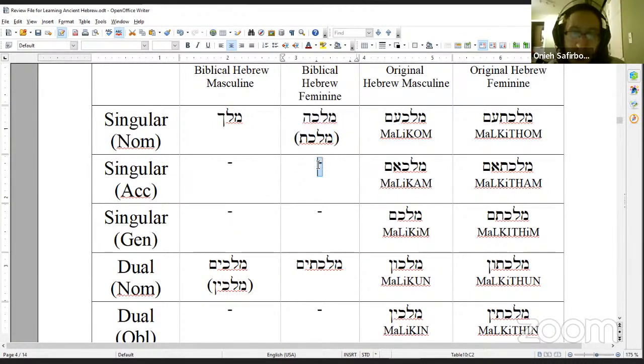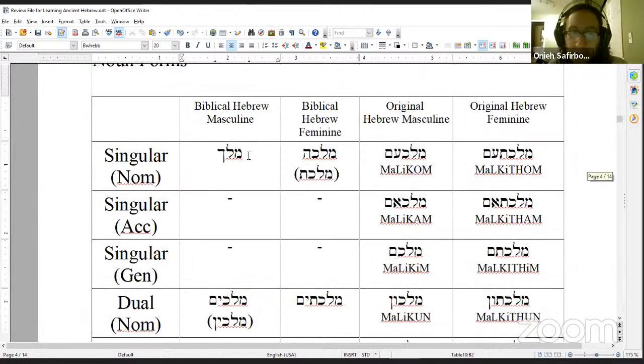And remember, this dash simply says that it's the same forms in all cases. So this would be pronounced, oh, I probably should write it in for you guys. Okay, so Malik.